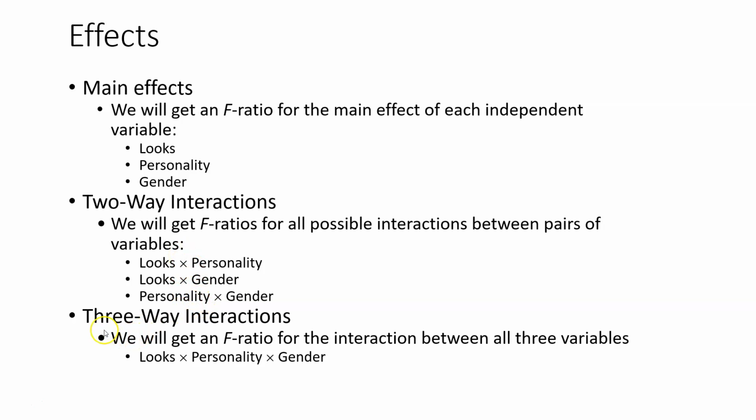But then we also have a three-way interaction term that we have to interpret for this situation, because we're going to run an F statistic to see whether looks and personality and gender all interact with each other.